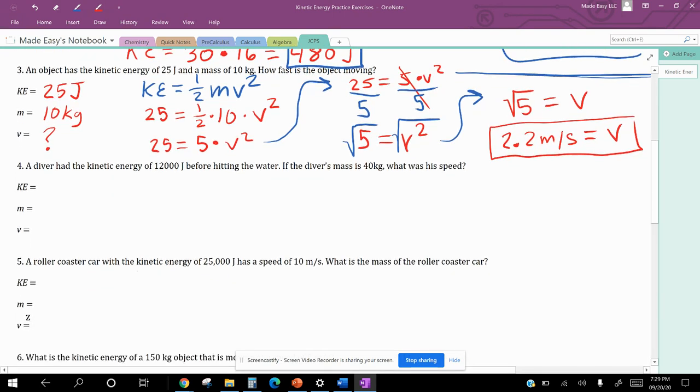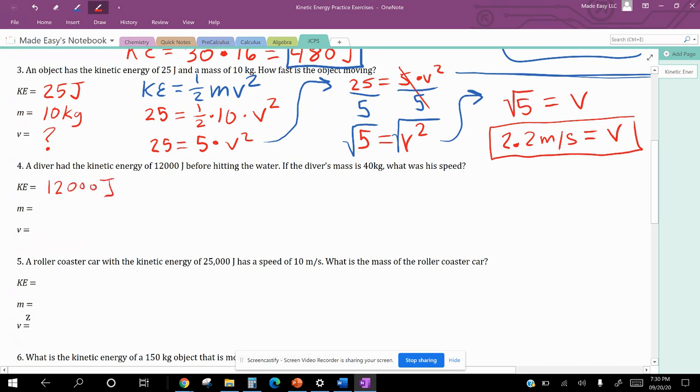So let's do number 4. A diver had the kinetic energy of 12,000 joules before hitting the water. If the diver's mass is 40 kilograms, what was his speed? Okay, so we're just going to start plugging in these numbers. Our kinetic energy is 12,000 joules.